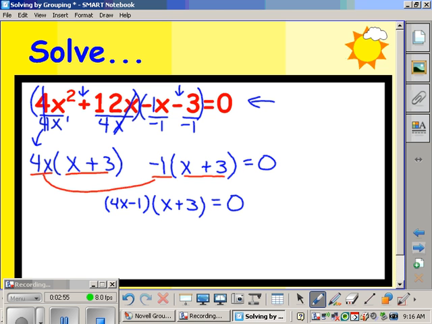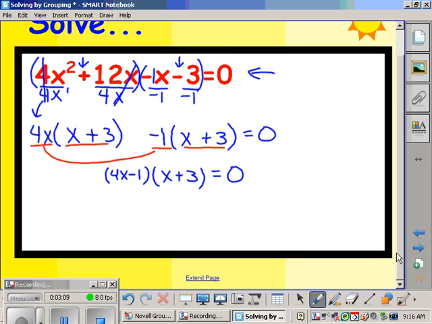So in these we're actually solving, which means we're going to take the problem one step further because we want to find what x would equal in order to get our x-intercepts if we were to graph this equation. So we're going to get 2 answers when we solve this. Okay, and to do this, we want to set each binomial equal to 0. So we have 4x minus 1 equals 0, and x plus 3 equals 0.